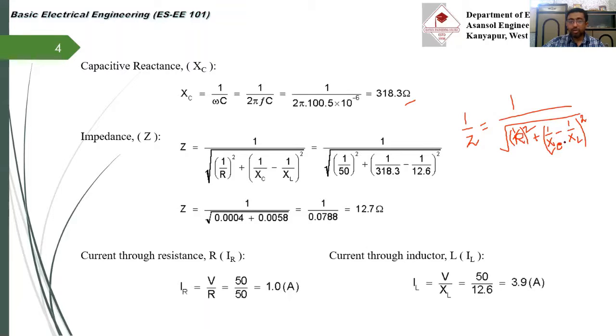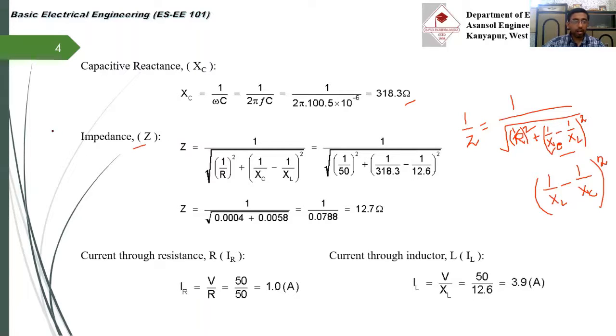Here the XC value is larger than XL. If the XL value is larger than XC, then either way is correct, because whether it is negative or positive, the square of that term will always become positive. So if you write this as 1 by XL minus 1 by XC, it will give you the same answer. Now calculate the impedance of this circuit.